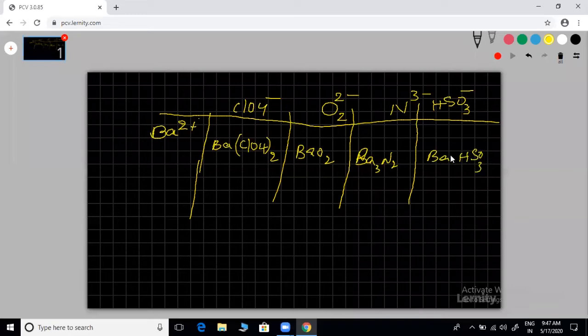Ba(HSO3)2. So check whether all are correct or not. This is barium perchlorate. I already gave the name. Perchlorate. This is peroxide, barium peroxide, barium nitride, and barium bisulfite.